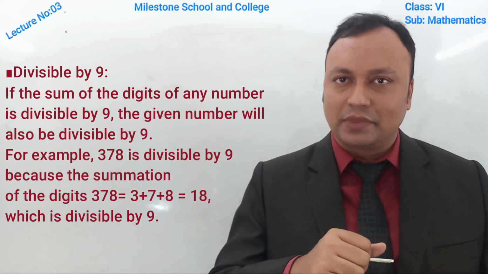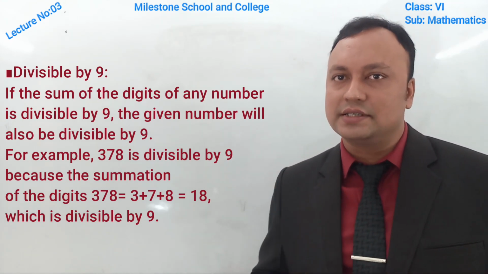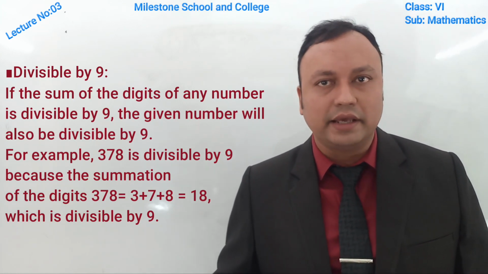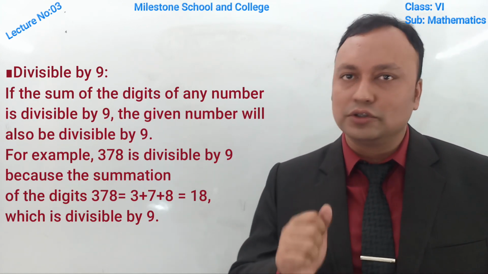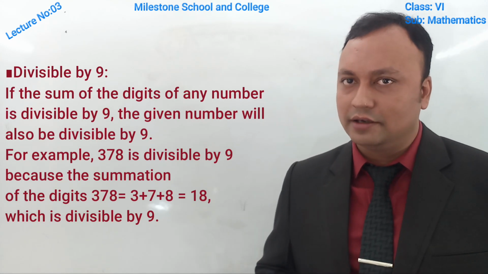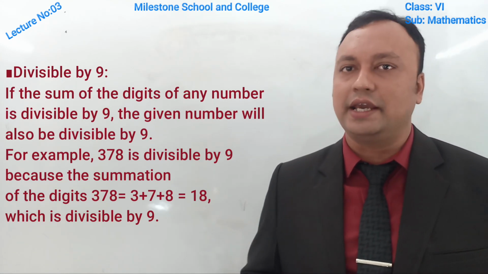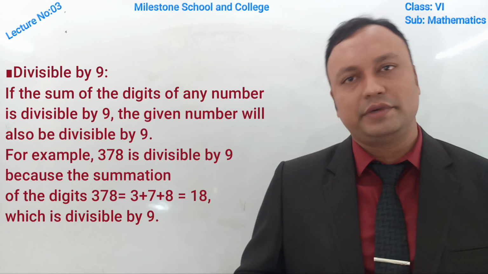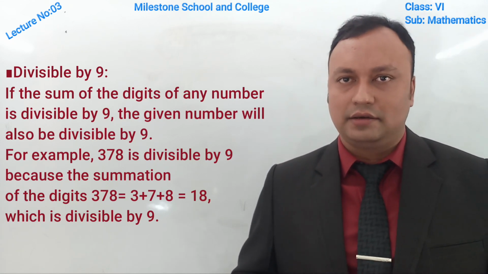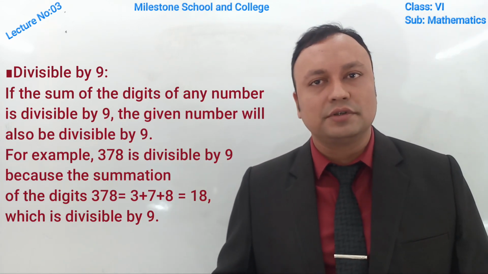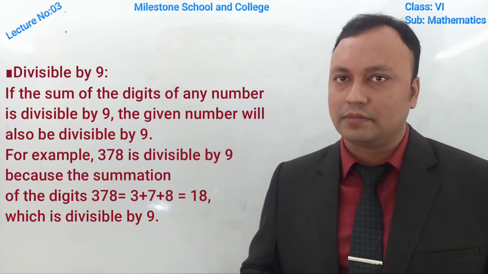So we can say, if the sum of the digits is divisible by 9, then the number is also divisible by 9. So 378 is also divisible by 9. So these are the divisibility rules, which are very important.